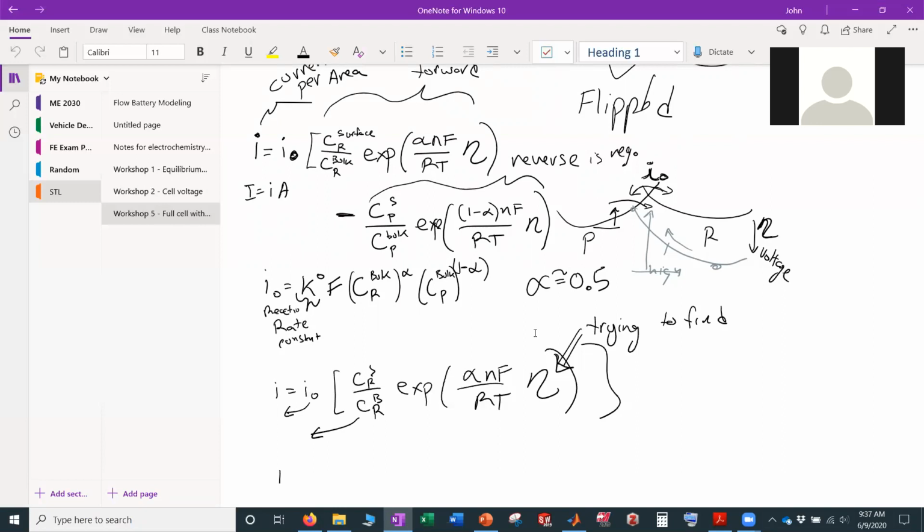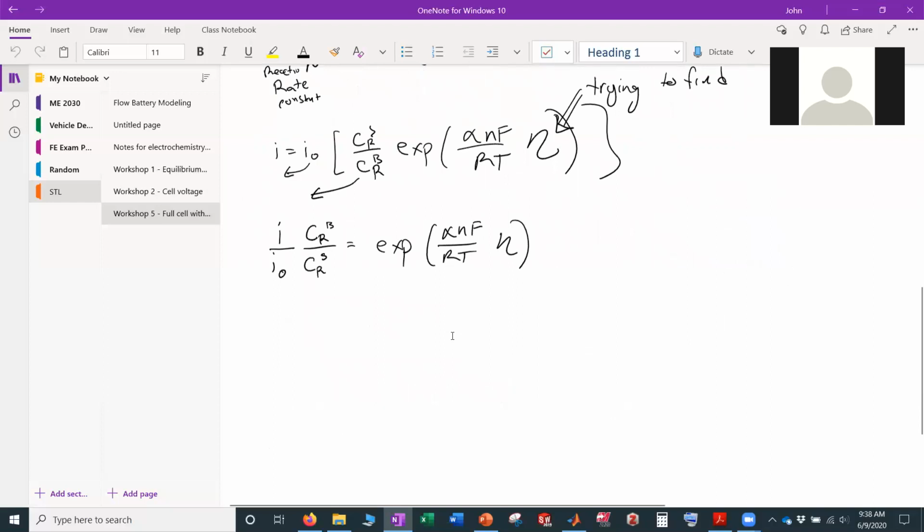So we'll have I over I naught, and we have the concentration of the reactant in the bulk on top now, and the concentration of the reactant at the surface here, equal to exponent alpha NF over RT times the overpotential. So now we just need to take the natural log of both sides. That'll cancel that, natural log of this, and then we divide this over.